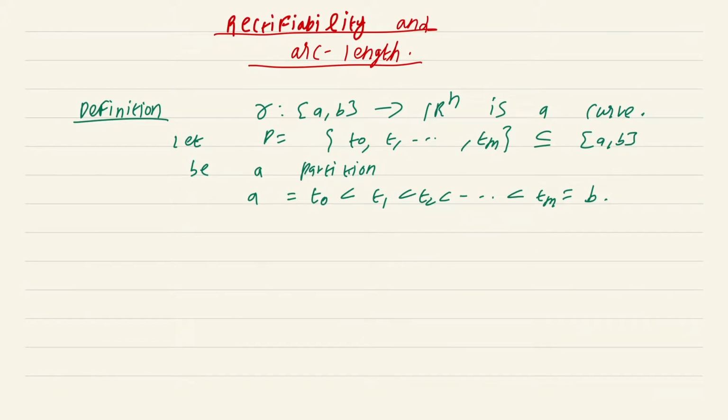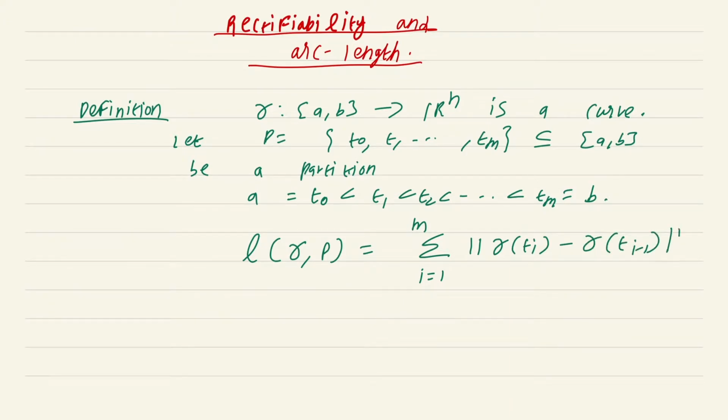Now we define the length of this curve gamma with respect to this partition P to be, as you expect, summation i running from 1 to m, the norm of gamma of ti minus gamma of t(i-1). This is nothing but the length of the polygonal path whose endpoints are determined by this partition. More precisely, the endpoints are gamma of ti.